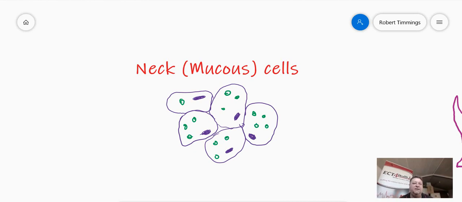Everything in medicine seems to have a couple of different names. What these mucus cells do, as the name implies, is secrete mucus directly onto the surface of the inside of the stomach. That provides protection against the acid the stomach produces to digest your food. So you're digesting the food and not digesting yourself. You're making this mucus, protecting yourself from your own stomach acid.